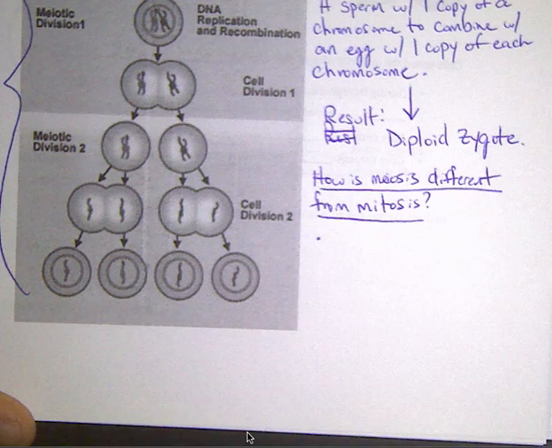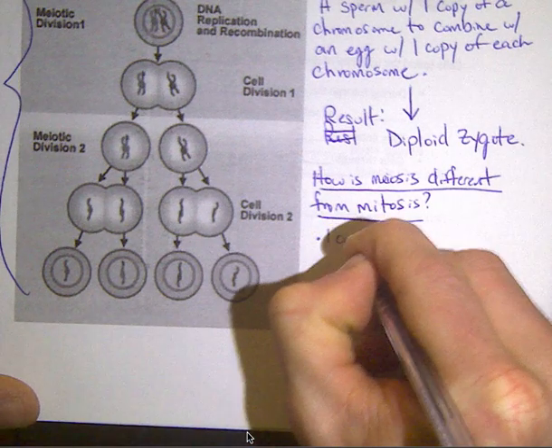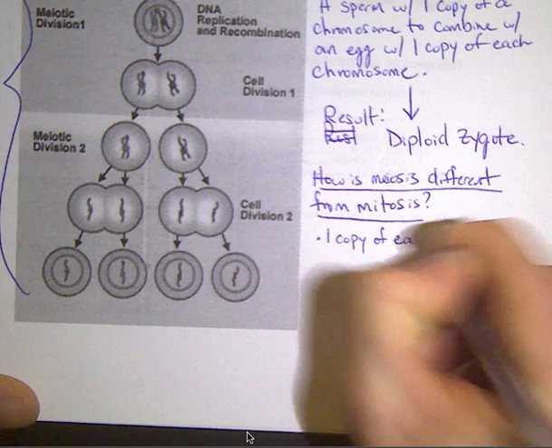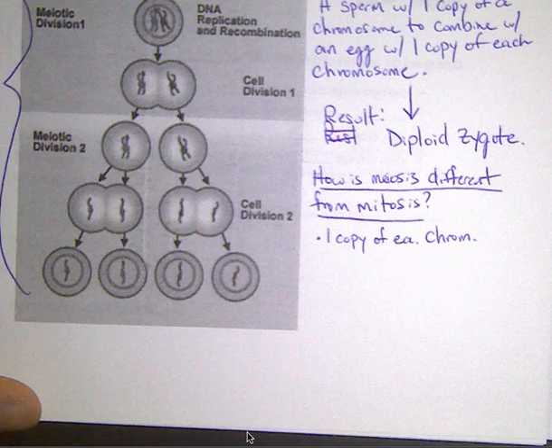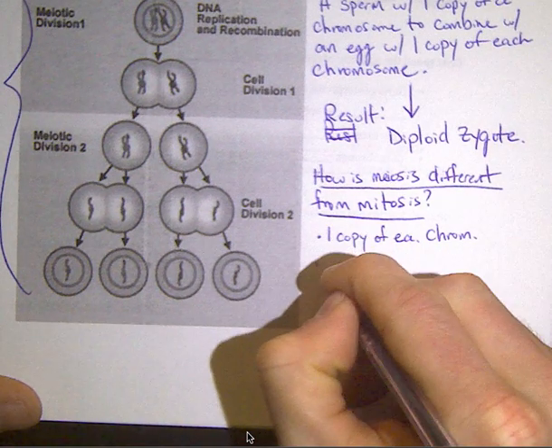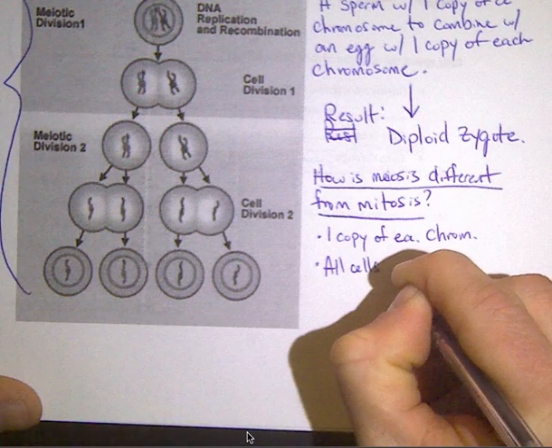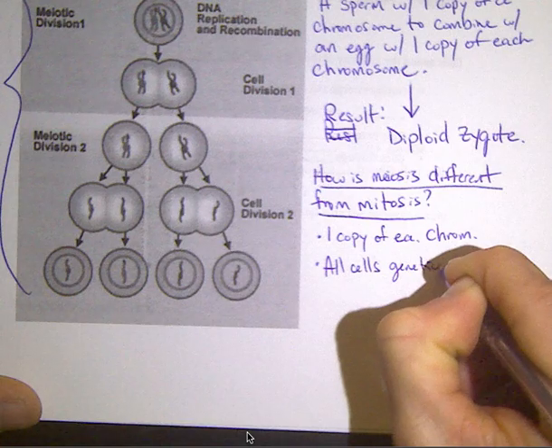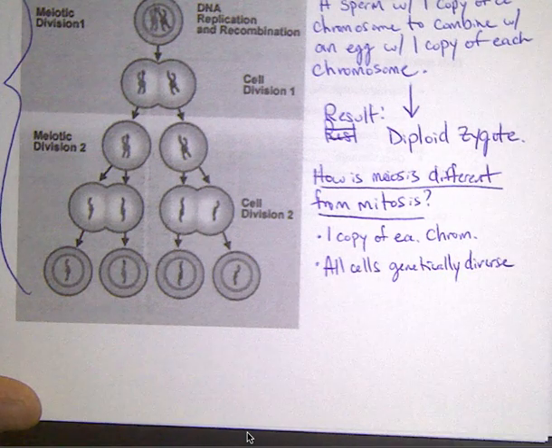Okay, one way it's different is we end up with one copy of each chromosome in our resulting cells. Another way it's different is all cells are genetically diverse. They're different from one another.